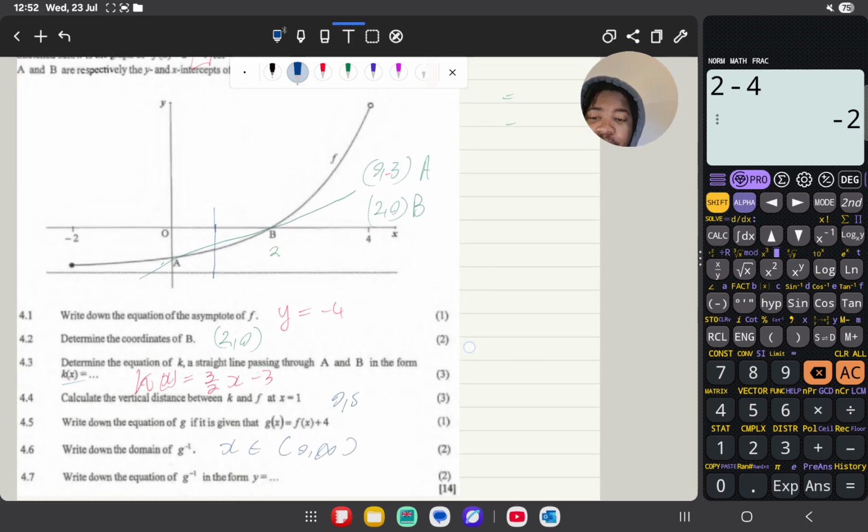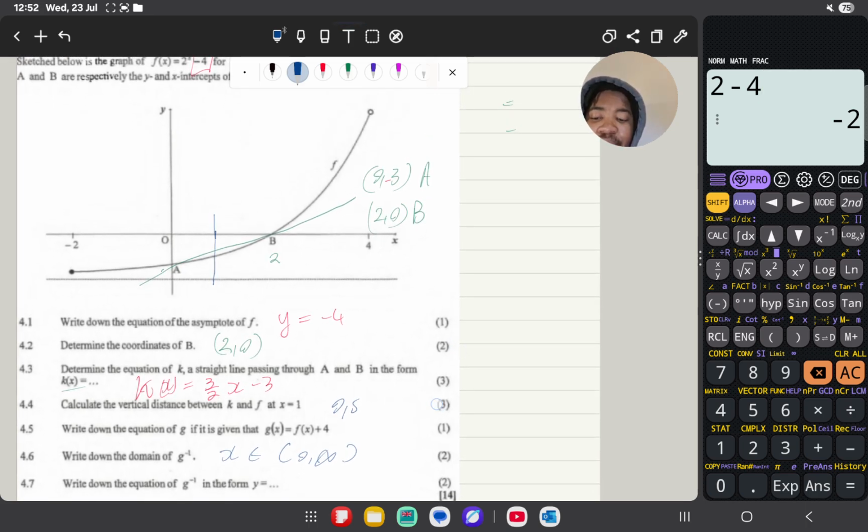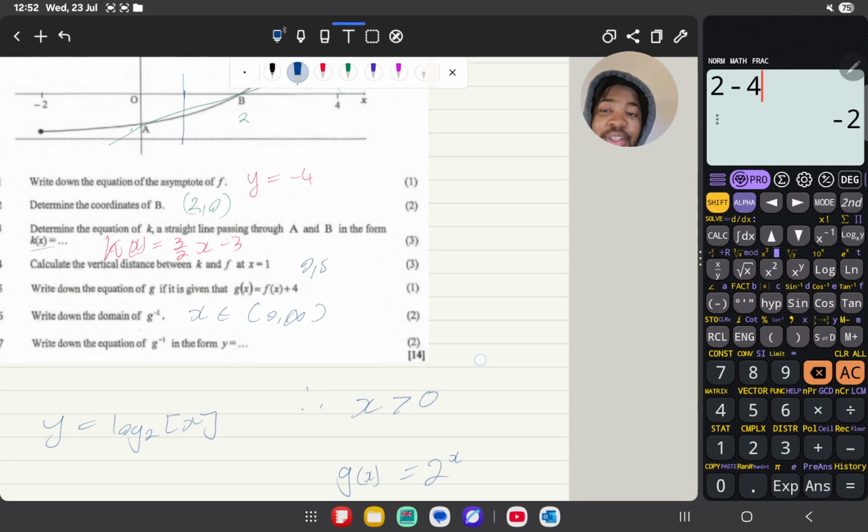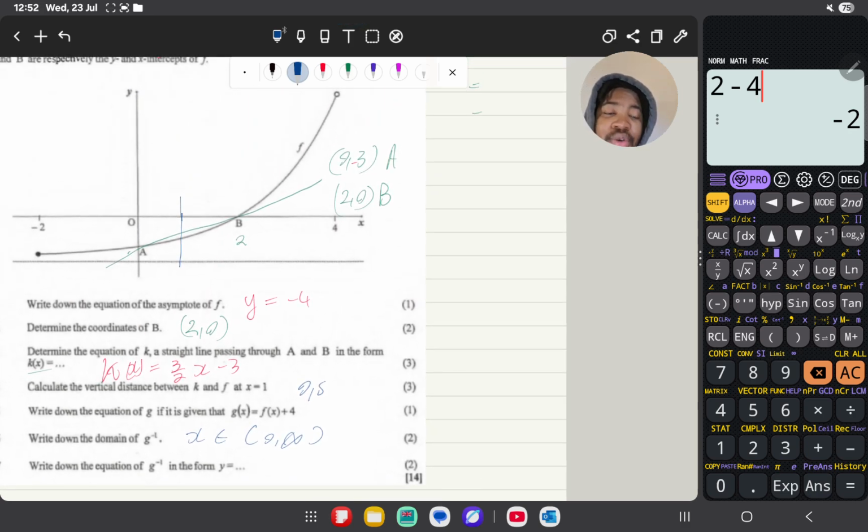So now I am thinking, remember g of x is 2 to the power of x. This is the original function, it has a domain and a range, and the range for this function is going to be from 0 to positive infinity.